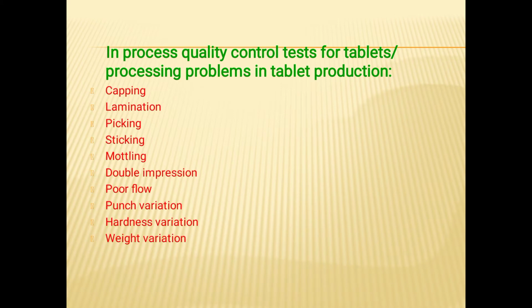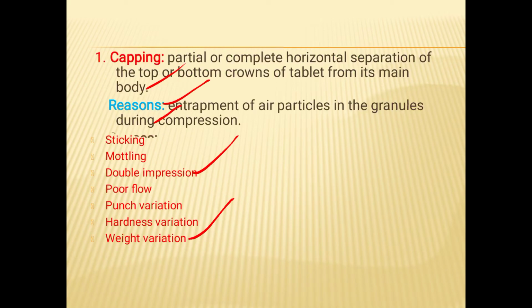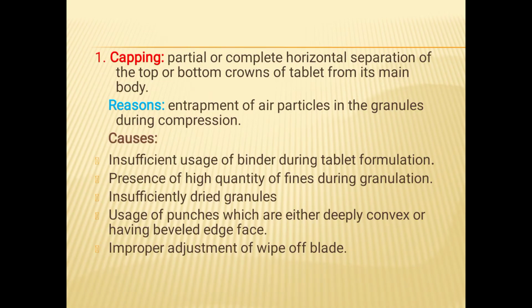The defects encountered during the production of tablets are capping, lamination, picking, sticking, mottling, double impression, poor flow, punch variation, hardness variation, and weight variation. Now we will discuss in detail one by one.